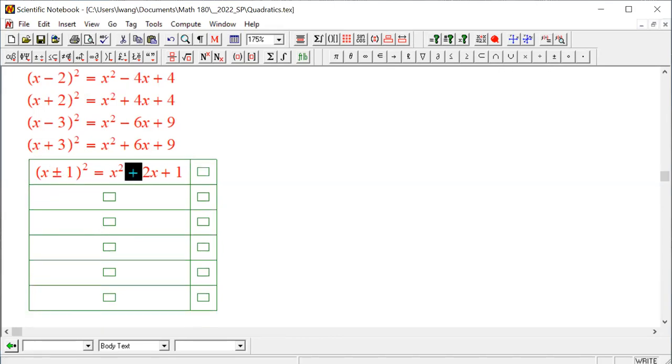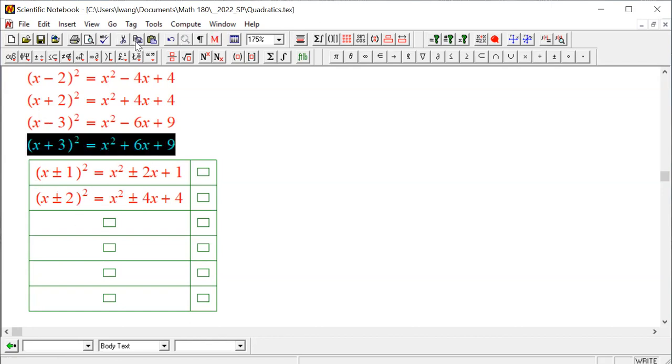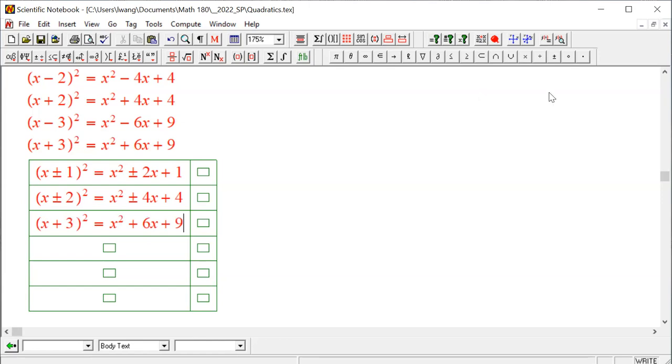Does that make sense? Plus minus for x plus 2, and this will also be plus minus. Plus is for plus, minus for minus, there's one corresponding. This is a kind of compact form. So x plus 3 squared, I'm going to do plus minus.